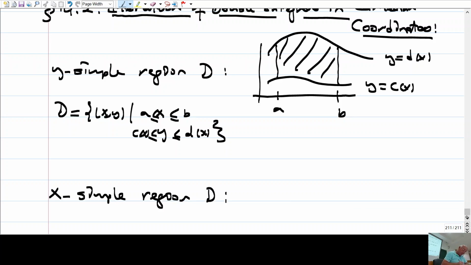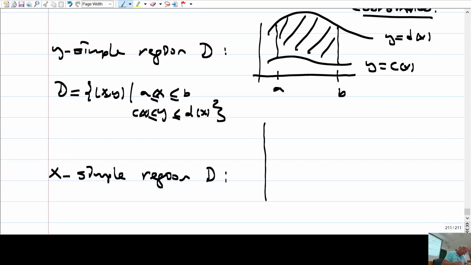Just take this and rotate 90 degrees, so you get something like this.